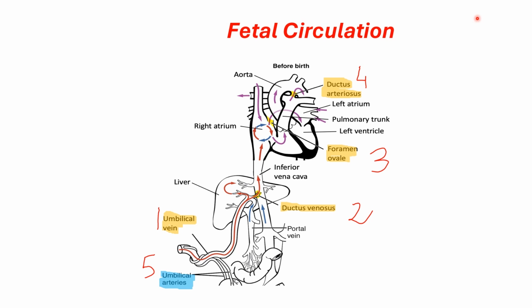The right ventricle ejects this blood through the pulmonary artery, but since there is a high pulmonary resistance, 90% of this blood is diverted through the ductus arteriosus into the descending aorta. And then the descending aorta supplies the lower body, and most of this blood is returned to the placenta via the two umbilical arteries.